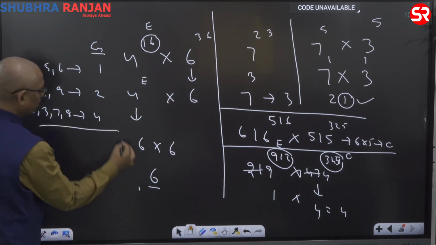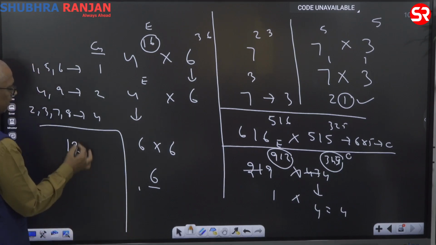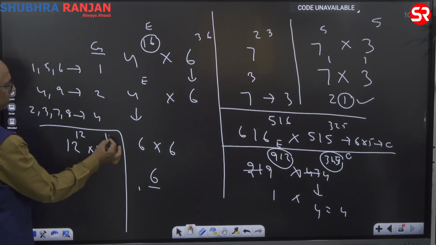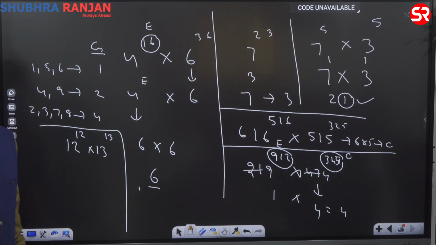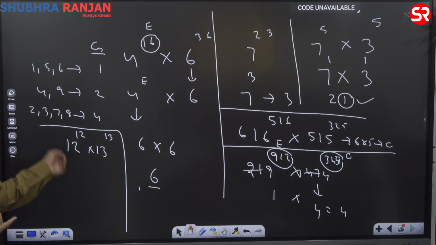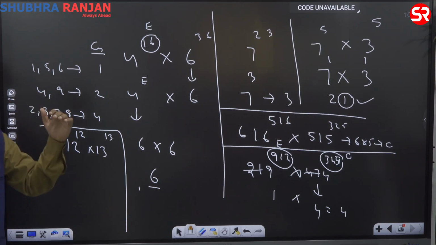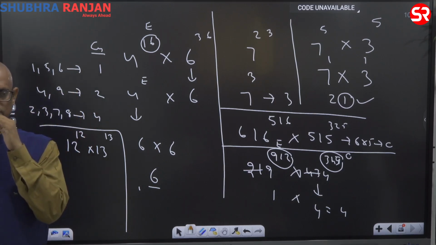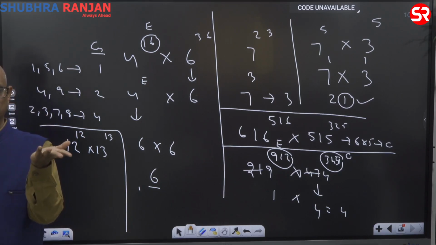12 to the power 12 into 13 power 13. Now the problem comes. If you divide 12 by 4, what is the remainder? 0. But if 0 comes, what do you have to take? Don't take anything to the power of 0. That won't come here. 0 comes when it is a multiple of 4.